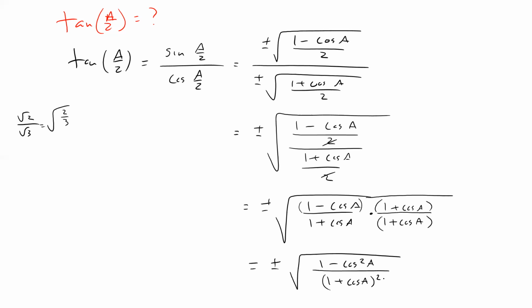Almost there, except I have to flip the slide here. All right, this guy, anybody? What is 1 minus cosine squared A going to give us? Sine squared A. Sine squared A, I like that, okay. So the next line down would be the square root of, plus or minus, sine squared A over 1 plus cosine A squared.